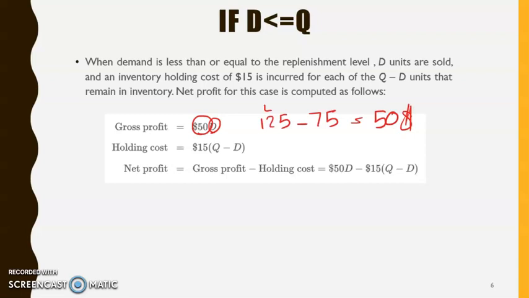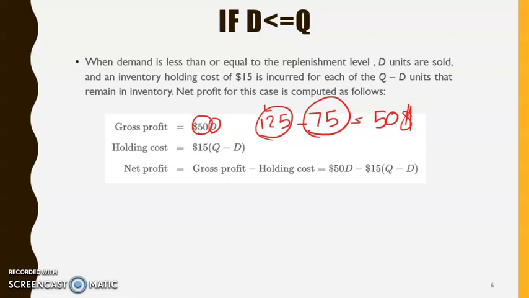Gross profit is a good word for that. I wanted to say income, but no, because it is deducting some part of the cost from 125.